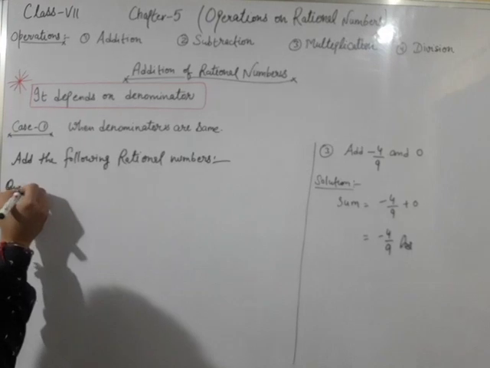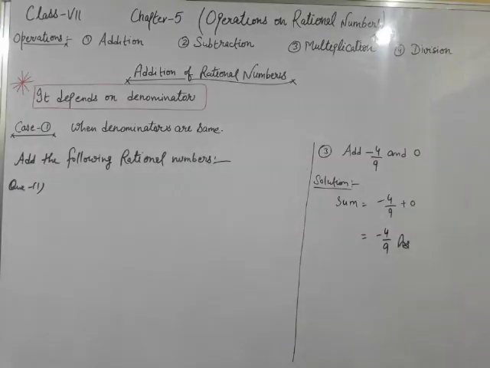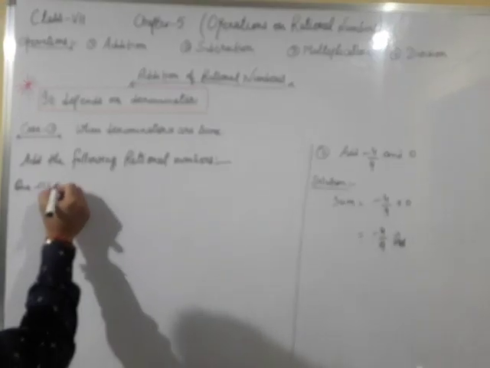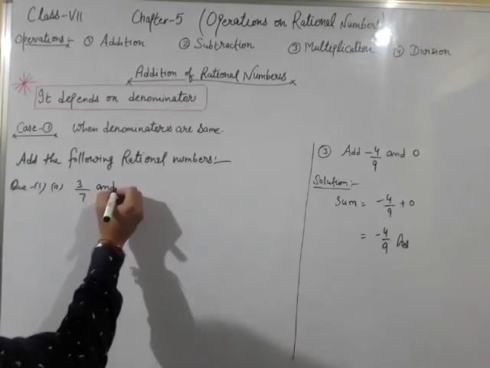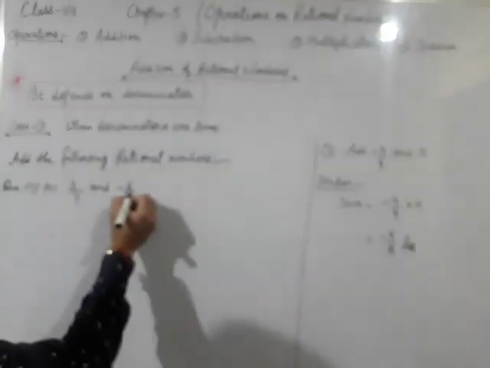Question number 1. Write down. First part, 3 by 7 and minus 6 by 7.